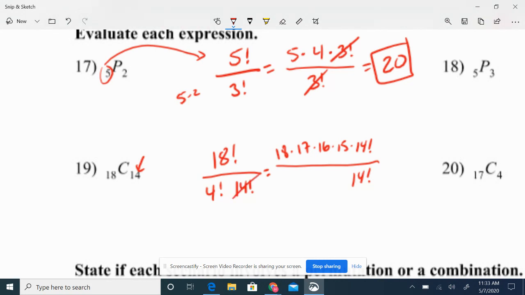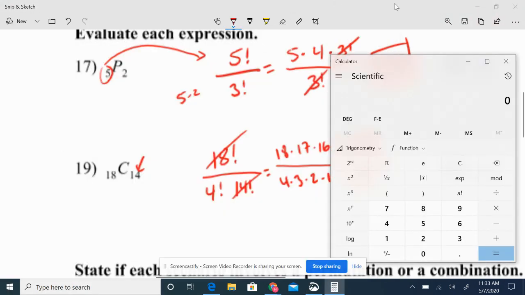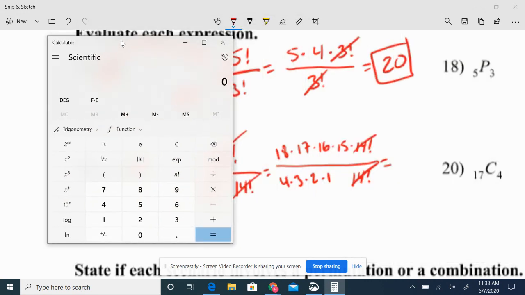All right, so I already did my 14, already did my 18 factorial. Now my 4 factorial, what does that mean? That is 4 times 3 times 2 times 1. All right, so let me get a calculator. For the top, I have 18 times 17 times 16 times 15.